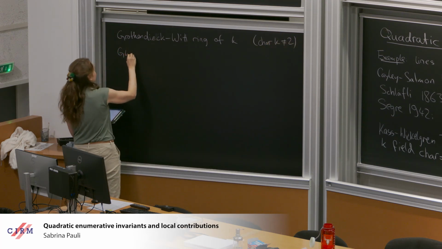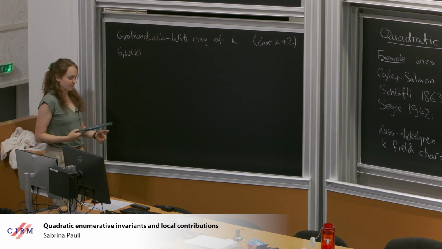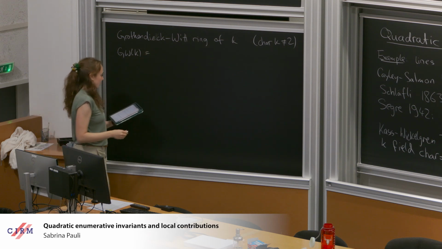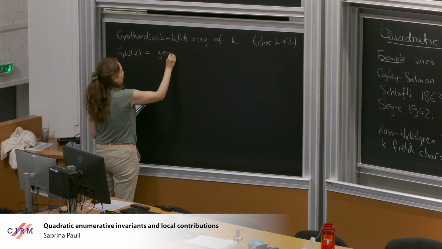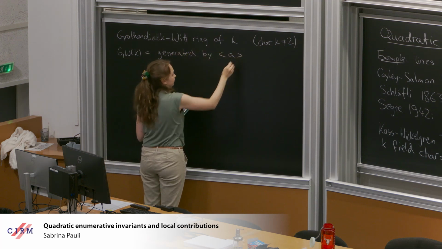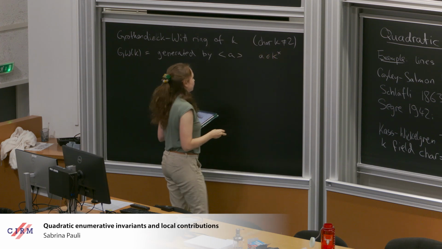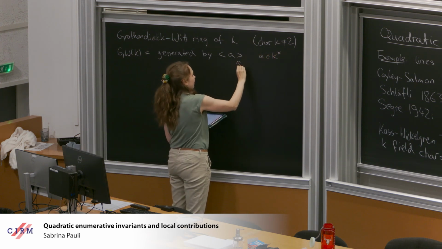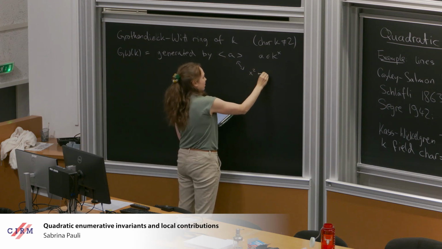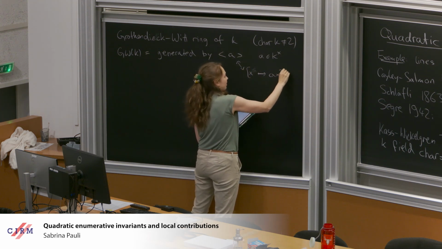I already said that the elements in there are isometry classes of quadratic forms. But let's do a shortcut and just say that this is additively generated by symbols, these brackets, where a is a unit in K. And this bracket, if you want to think about it as a quadratic form, is the isometry class of the quadratic form which sends x to a x squared.